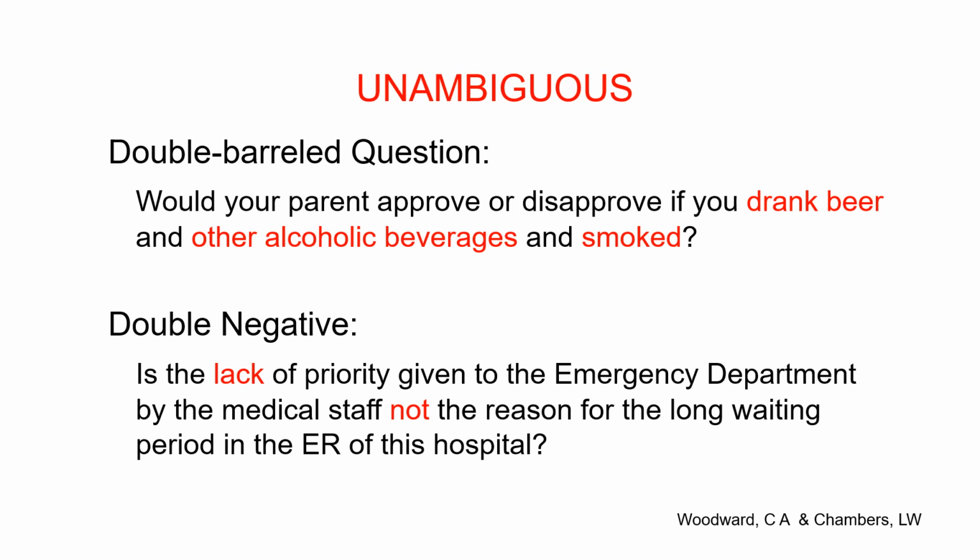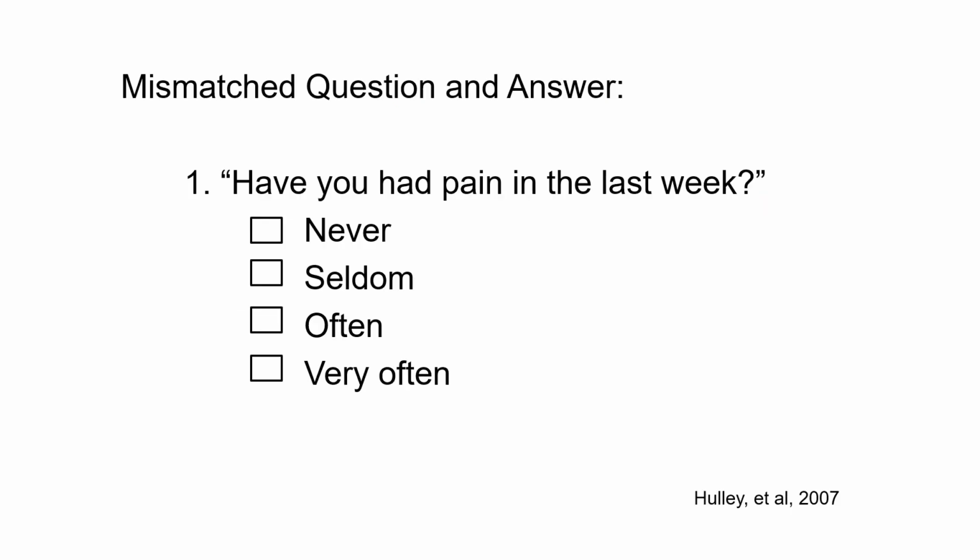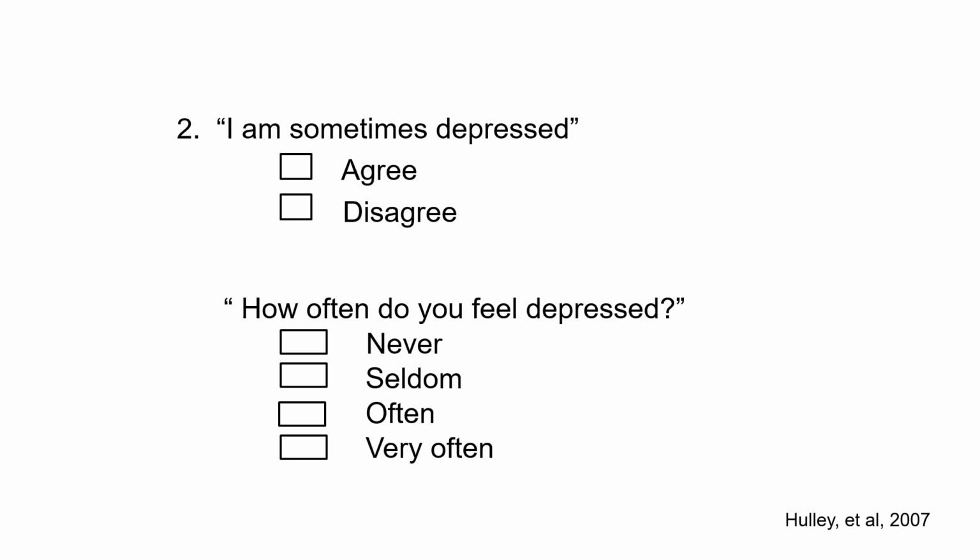And also questions with double negative, with use of words like lack and not in the same sentence. Other ambiguous questions are those with mismatched question and response choices. To remedy this, either you change the question to how often have you had pain, or change the answer to yes or no. For this particular question, it is unclear how to respond.